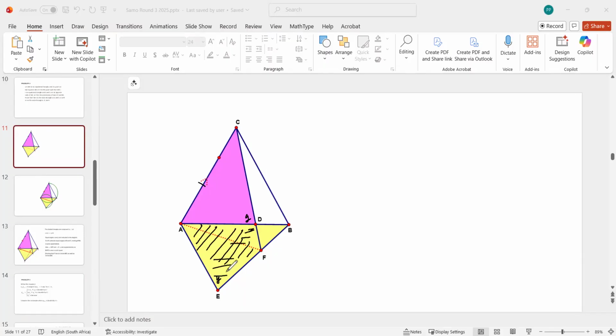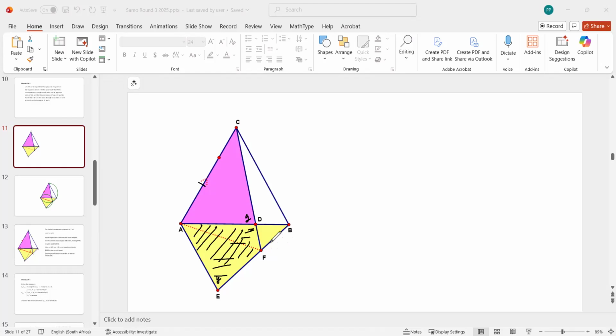This is another theorem in geometry, which says that if the opposite angles of a quadrilateral are supplementary, then the quadrilateral is cyclic. So you can see this angle plus this angle is the same as that plus that, which makes it supplementary. So this quadrilateral here is cyclic, right?